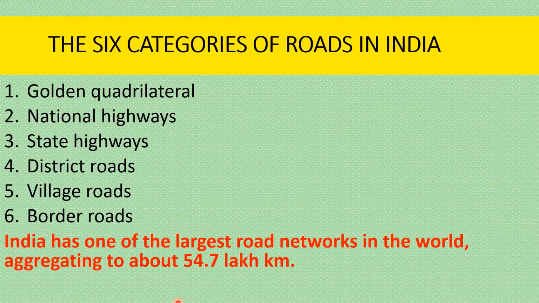The six categories of roads in India are: number one, the Golden Quadrilateral; number two, national highways; number three, state highways; number four, district roads; number five, village roads; number six, border roads.